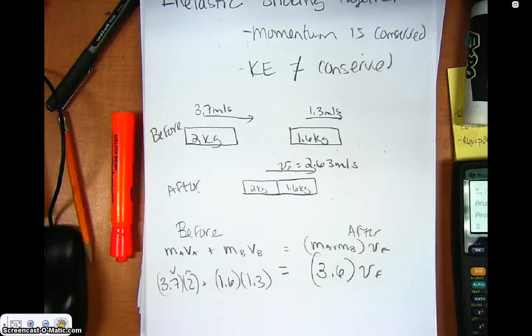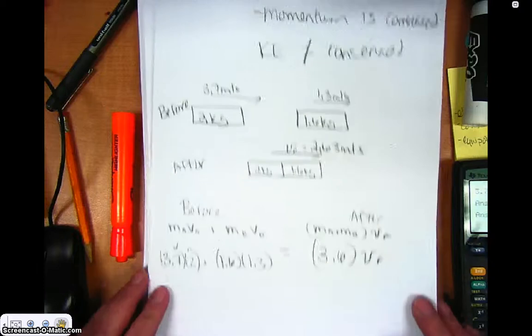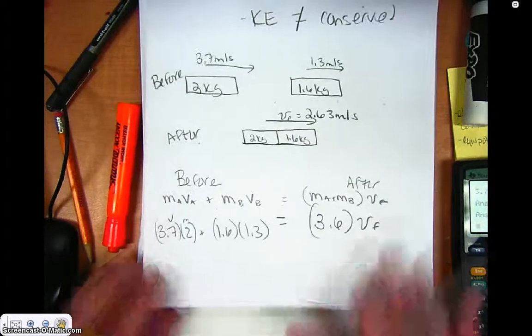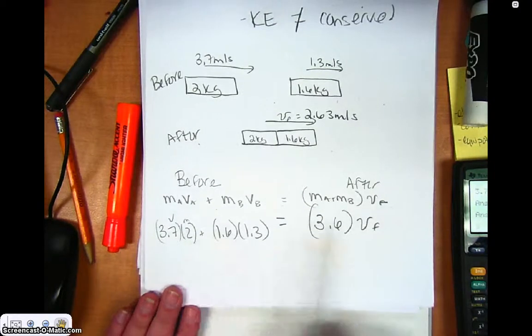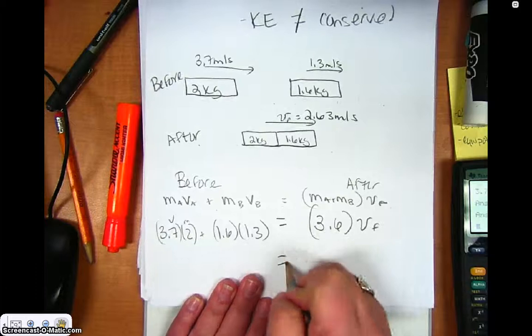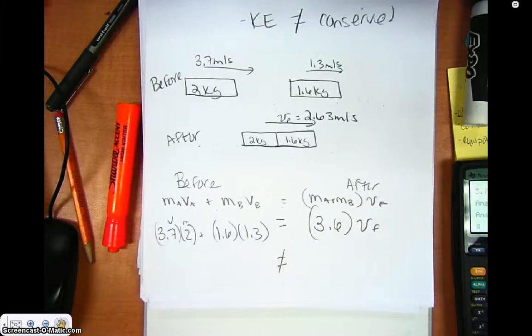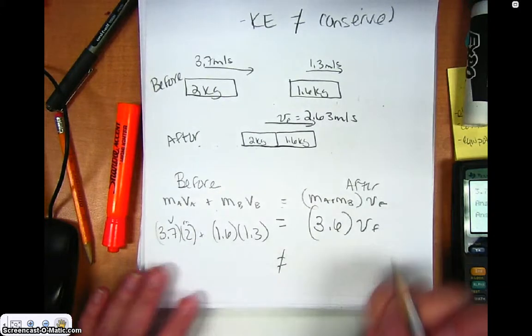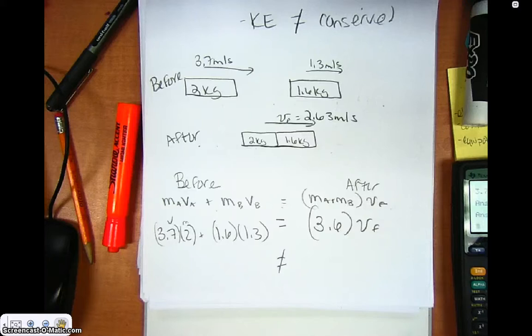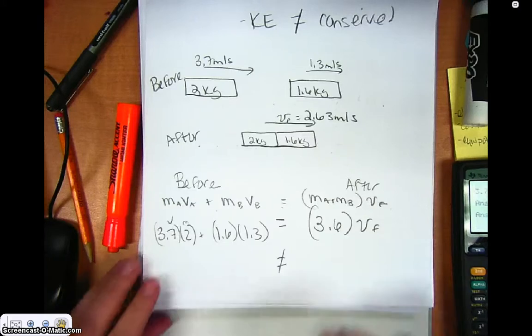Let's figure out how much kinetic energy was lost during this collision. All we need to do is figure out the before scenario and the after scenario. They're not going to be equal to one another, but if we have the before and the after, we can figure out the difference, and that would be how much had left the system.